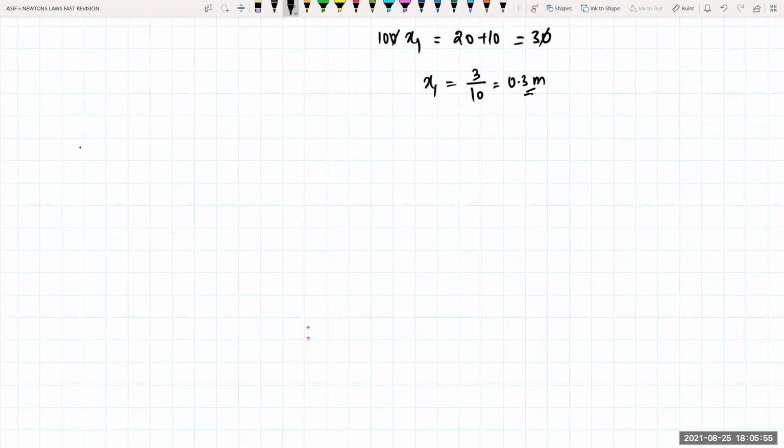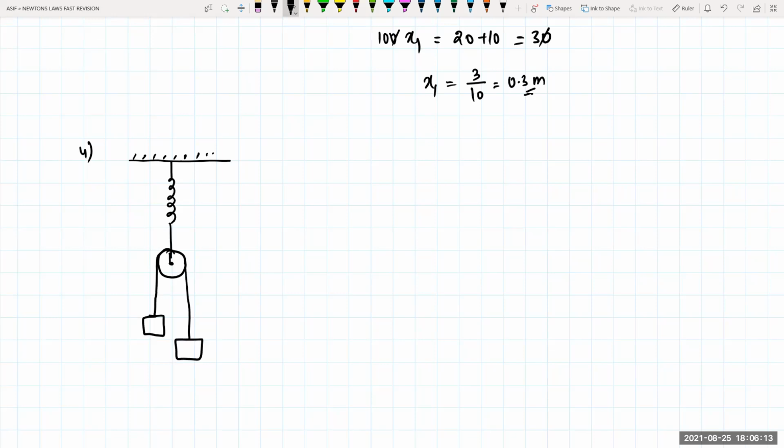Fourth one. The system is something like this. There is a spring right now here, and this spring is connected to your pulley. And to this pulley, we are attaching two blocks like this here and one more block here. This is like an Atwood's machine, beta. This one is, for example, 6 kg. This one is, for example, 3 kg.